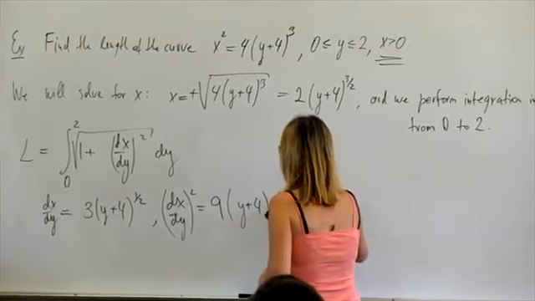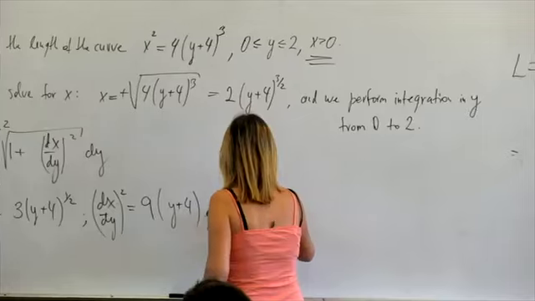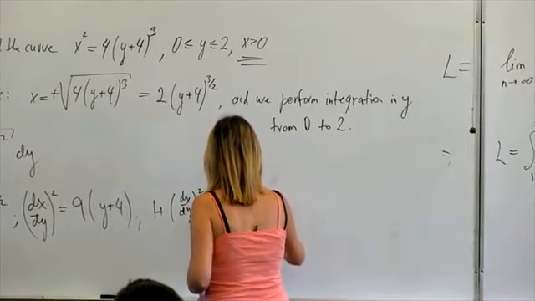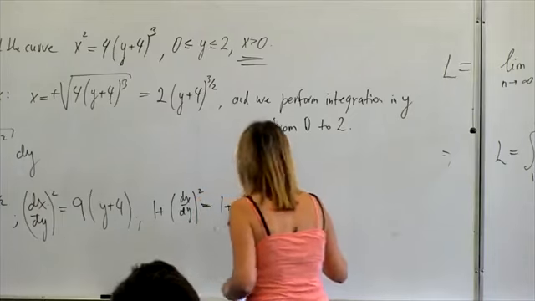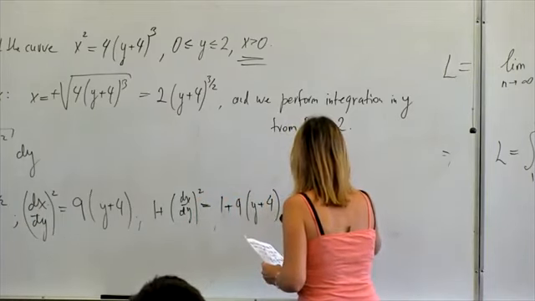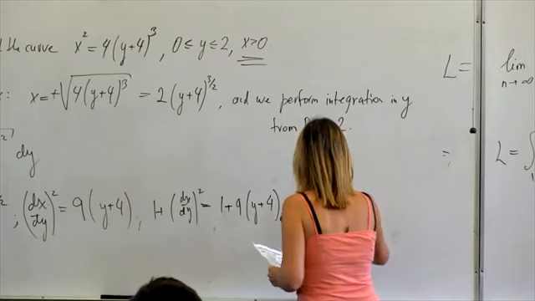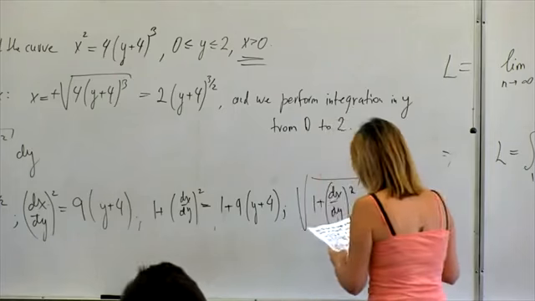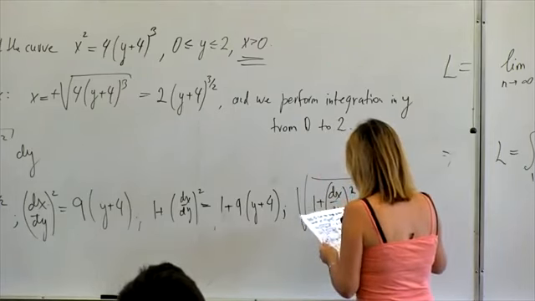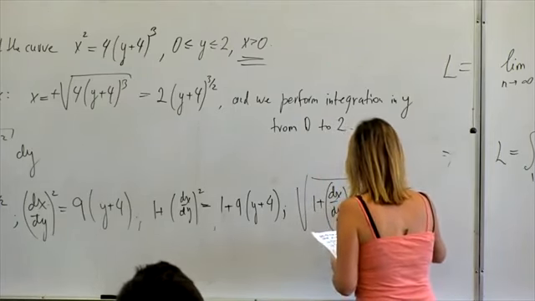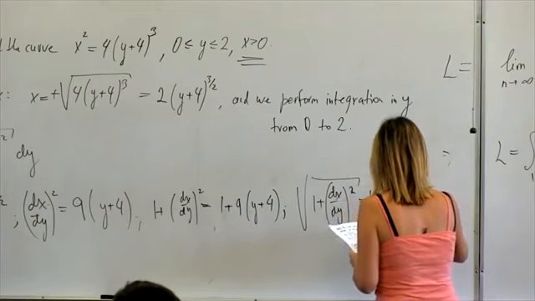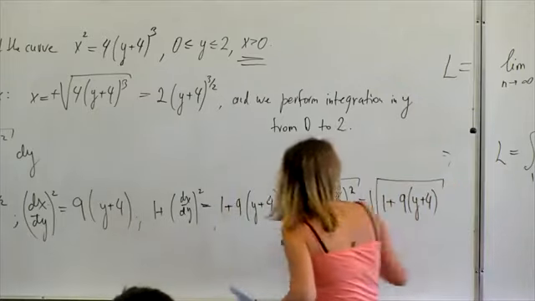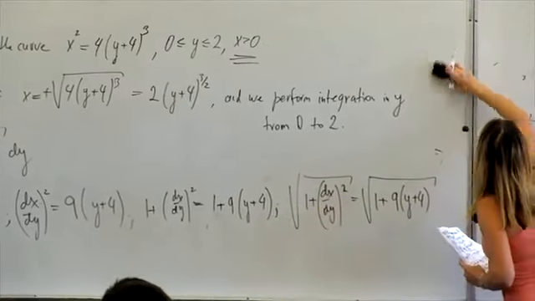Next, I have 1 plus (dx/dy) squared. I have to add 1. And finally, I need to calculate the square root of 1 plus (dx/dy) squared. So what's that? That's the square root of 1 plus 9(y plus 4), and that's it. Okay? So this is the expression I will use.